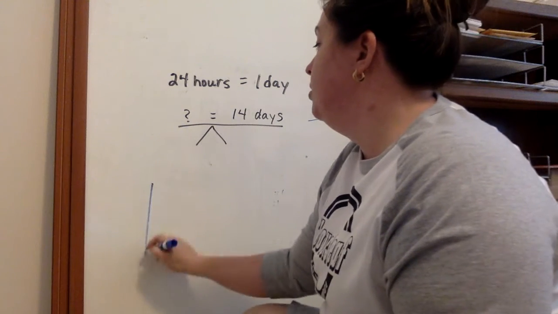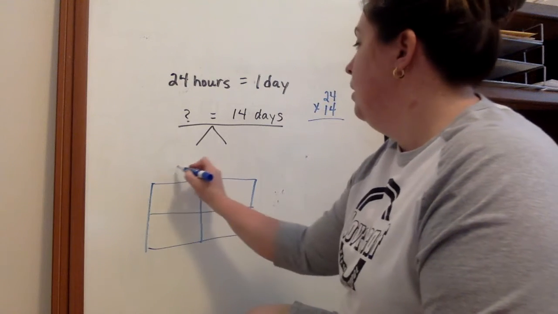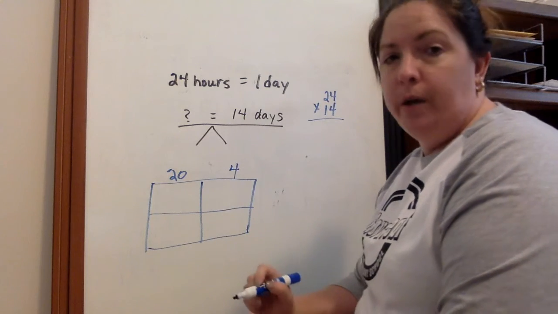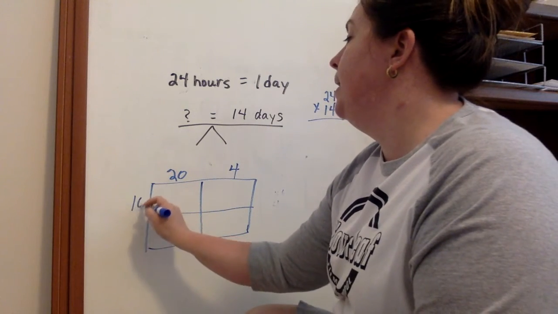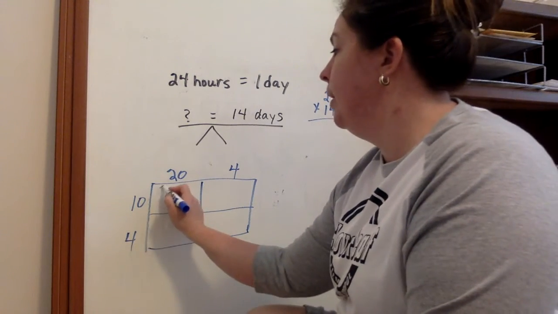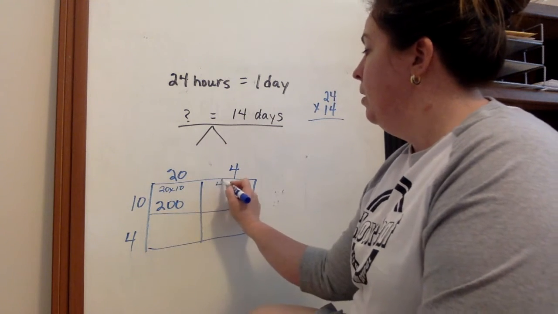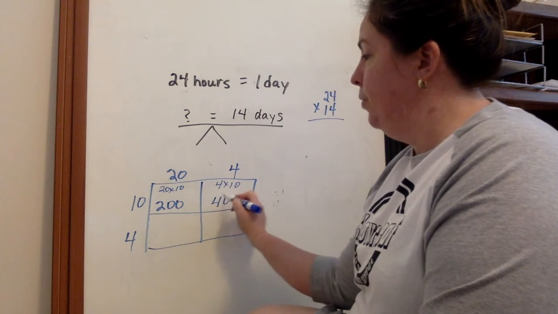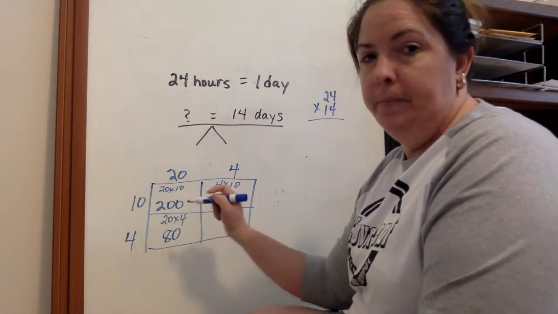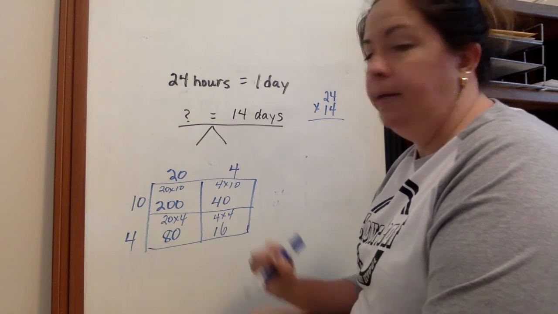Okay, so again, I'll do my area model here. There are 2 tens in 20. There are 4 ones in 24. There is 1 ten in 14 and 4 ones in 14. Okay. 20 times 10 is 200. 4 times 10 is 40. 20 times 4 is 80. 4 times 4 is 16.